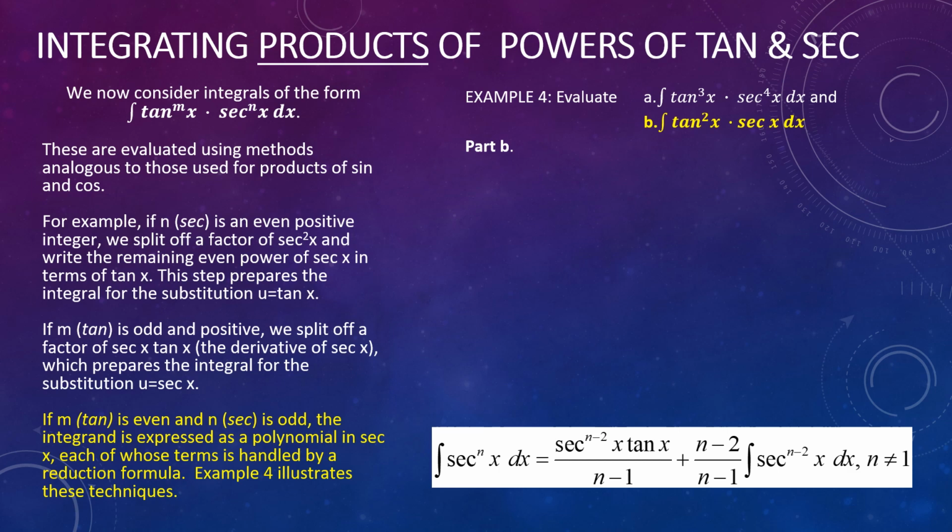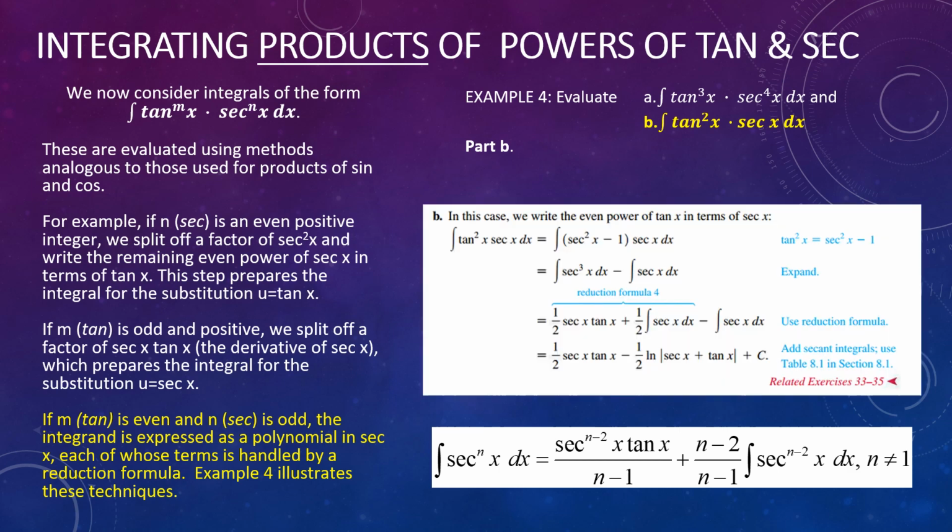Now let's look at part B, which is the integral of tangent squared x times secant x. And here is where we have the power on tangent is even and the power on secant is odd. And so what we're going to do is express it in terms of secant x by converting the tangent into secant.